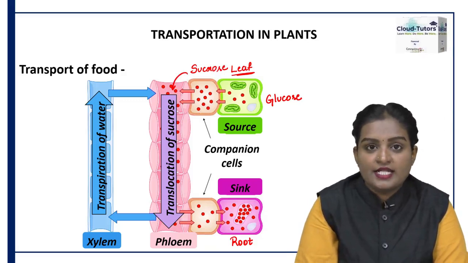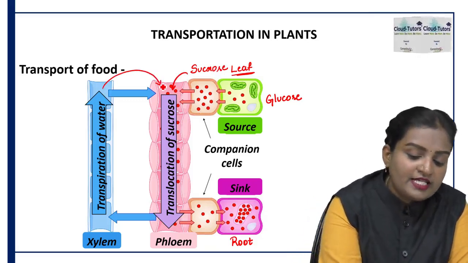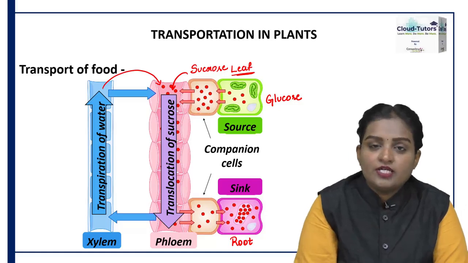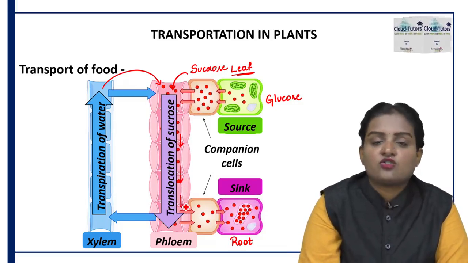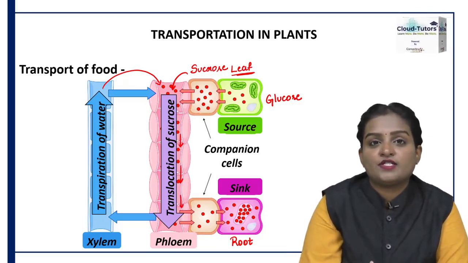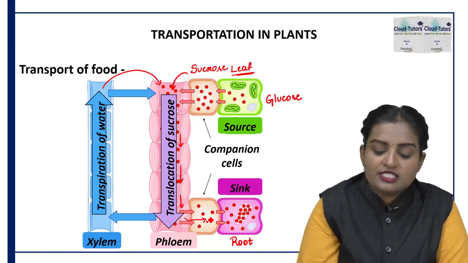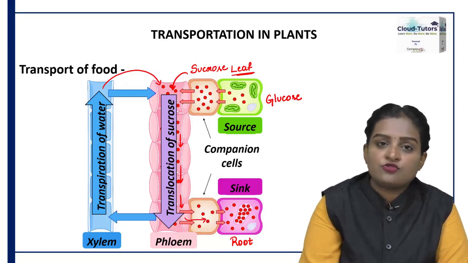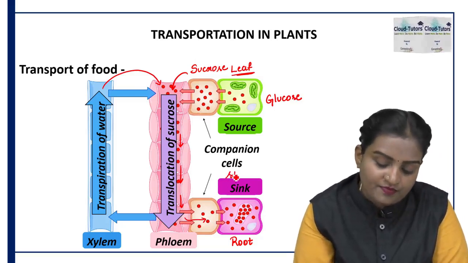Once the sucrose enters, the phloem will take up water from the xylem. Now the transportation will occur along the concentration gradient, that is from high concentration to low, that is the sink cell. Here again the sucrose is converted to a storage form, that is the starch.